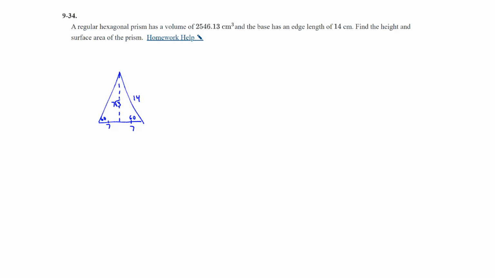So to find the area of the base, we are looking for 1/2 the base, which is 14, times the height, 7 square root of 3. And that's just for this triangle, but then we'll have to multiply it by 6. So 7 times 7 would be 49. So the area of one triangle is 49 square roots of 3.